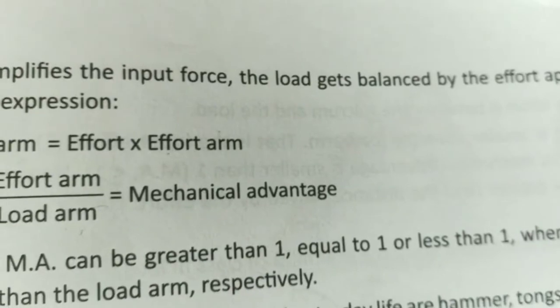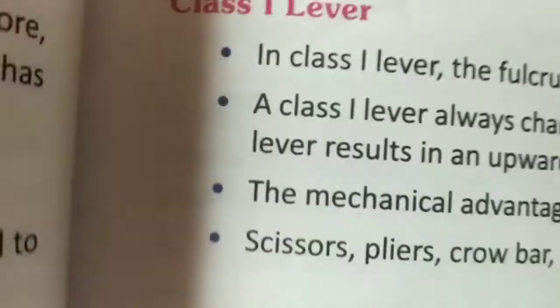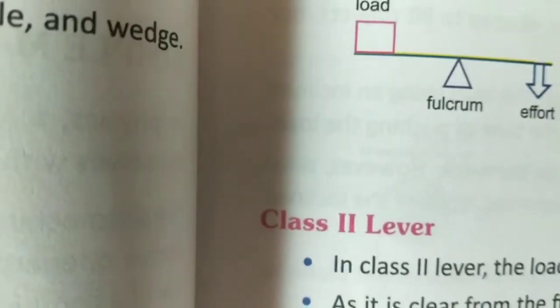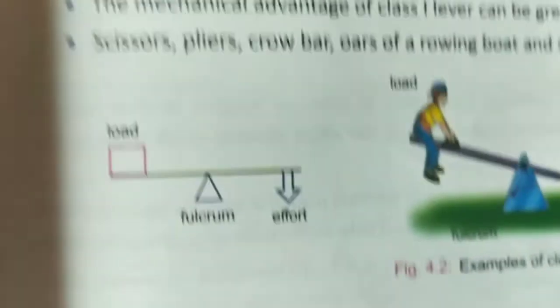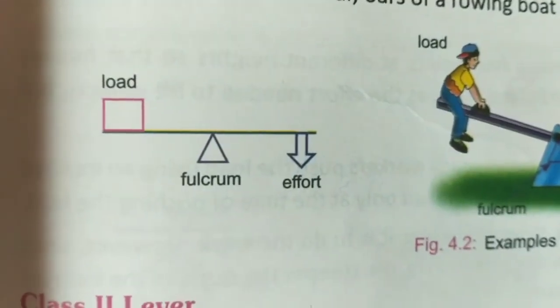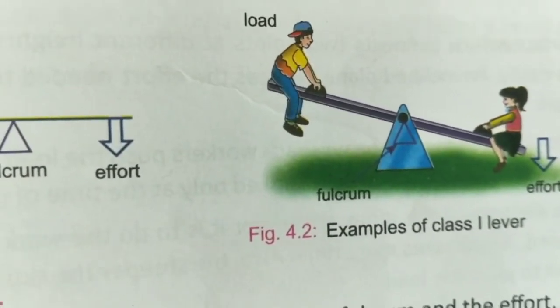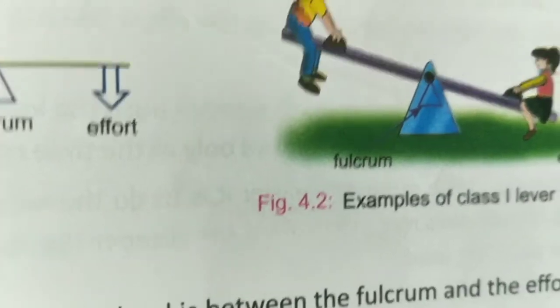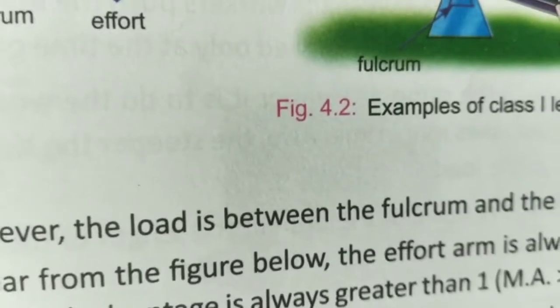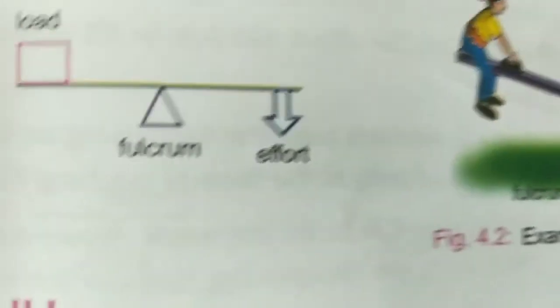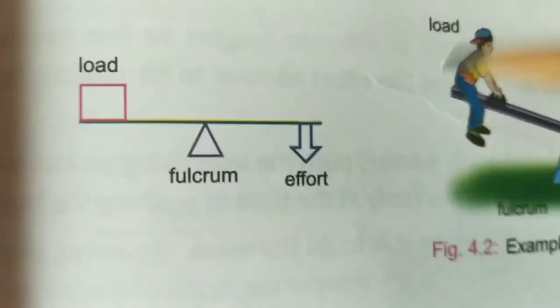Levers are categorized into 3 classes: class 1 lever, class 2 lever and class 3 lever. Let's see the class 1 lever first. As you can see in this example of a class 1 lever, the fulcrum is between the load and the effort.